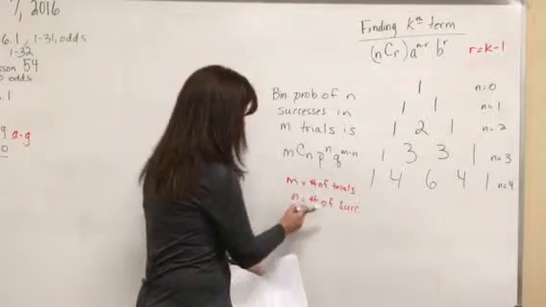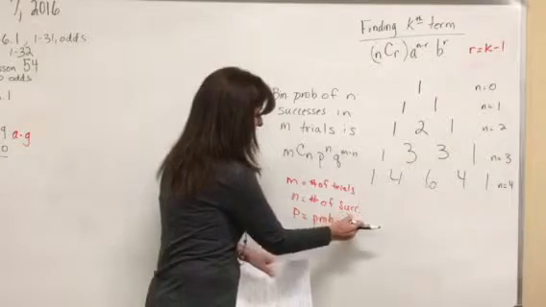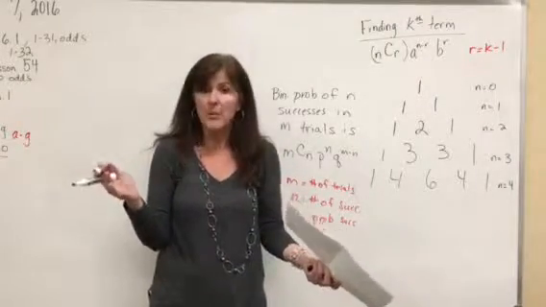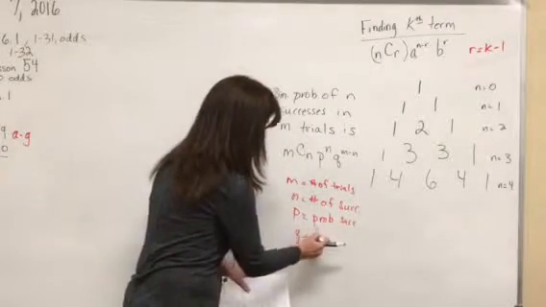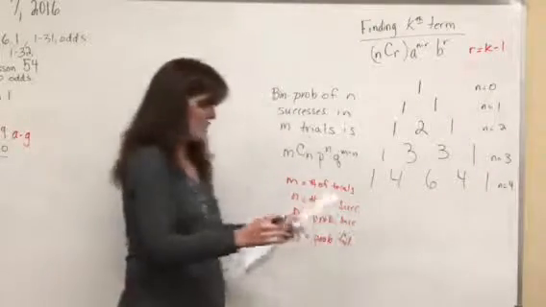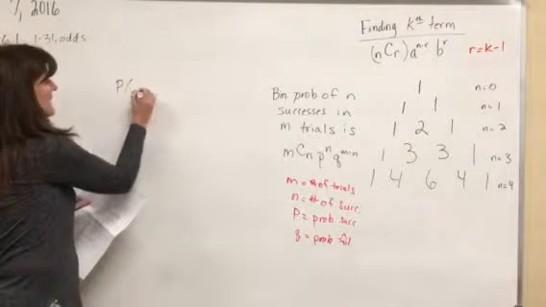The P here is the probability of a success. For example, if you're looking for heads, probability of heads when you toss a coin is 1/2, and Q is the probability of failure.